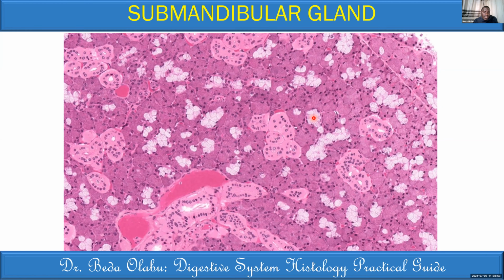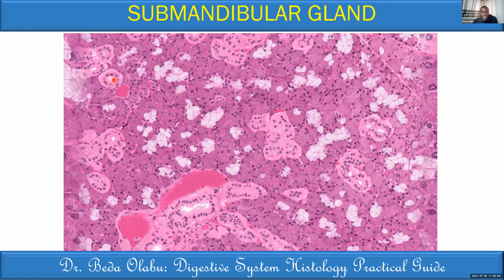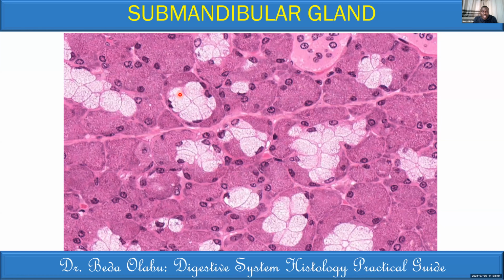Otherwise, the other things still stand out. We have ducts which are interlobular and extralobular. Something very unique about the acini of the submandibular gland is this. There are some regions where you have a mucus acini, like that one. But on the periphery of that mucus acini, we have a serous cell, like this one.